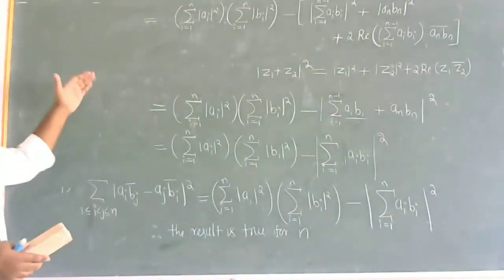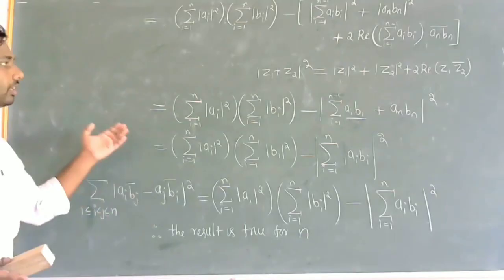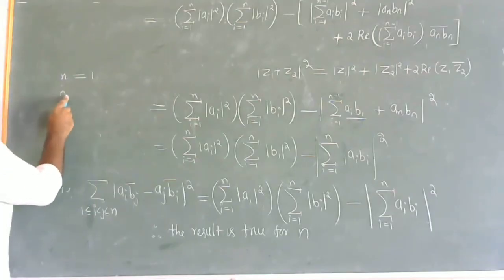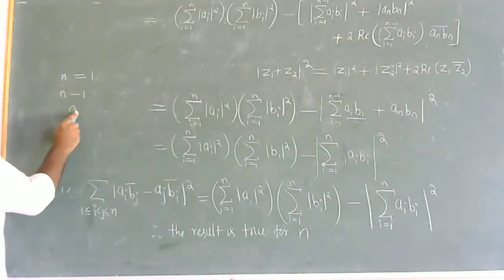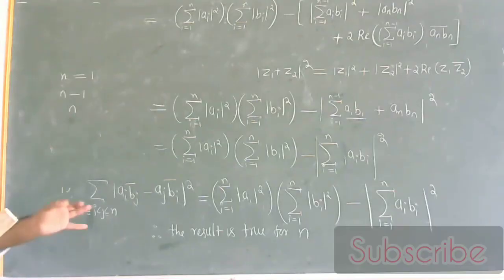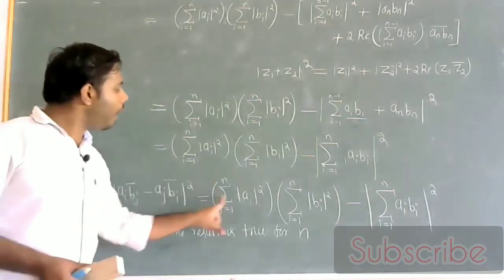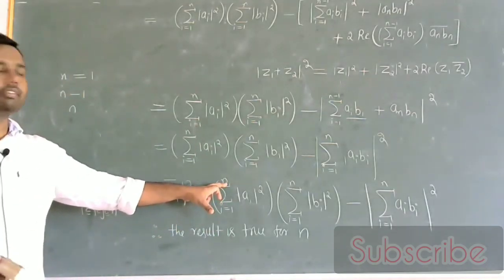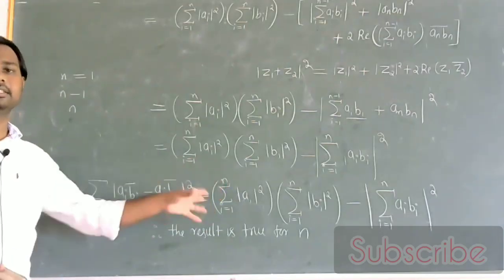So now just sum up all the steps which we have done. So first we proved the result for n is equal to 1. Then assuming the result for n minus 1, we proved the result for n. So thus by the principle of mathematical induction, the result holds for all natural numbers. So whatever the value of n, the result holds.